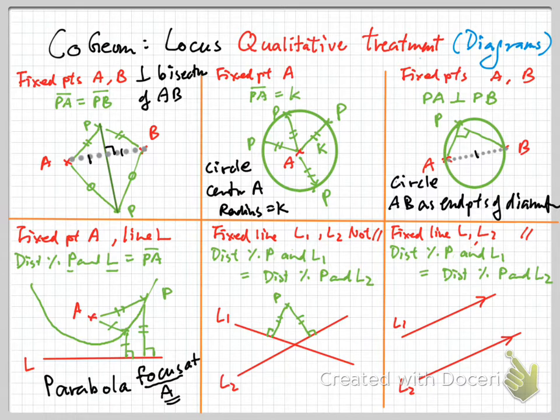It turns out that the locus of P will be the angle bisectors. There are two angle bisectors. These two bisect the acute angle and the obtuse angle between L1 and L2.